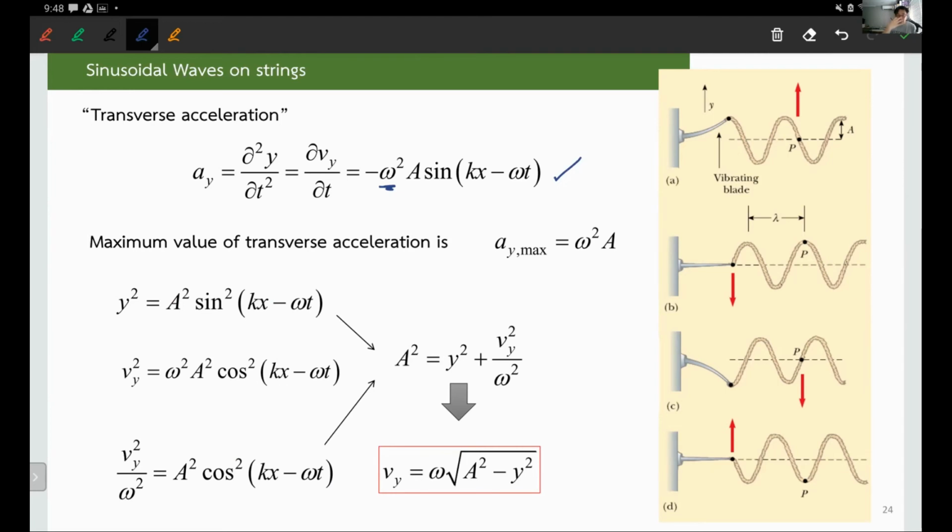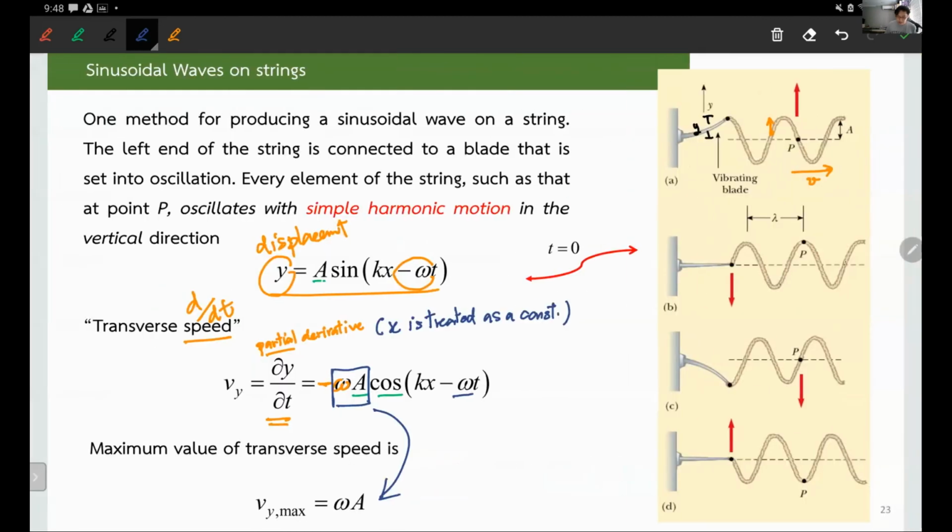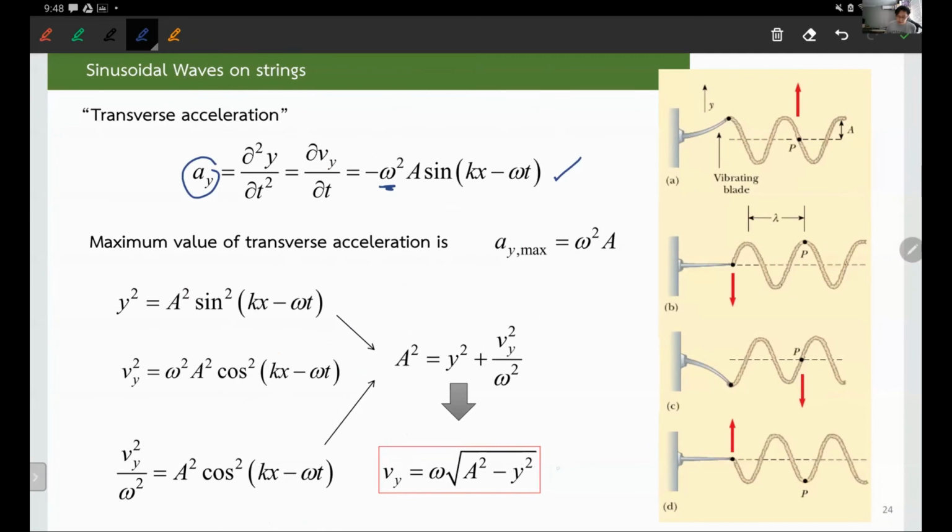Okay. All right. And then one cool thing about this one is you can actually link between the speed and the displacement. This gives you the relationship between the position and the speed directly without going through time. So that is a nice expression.